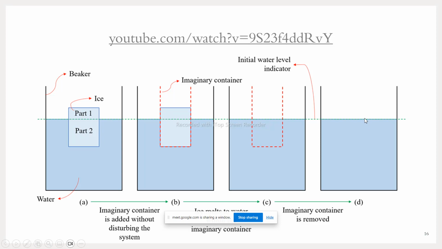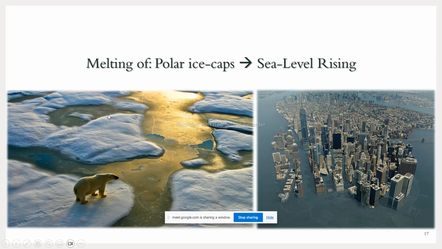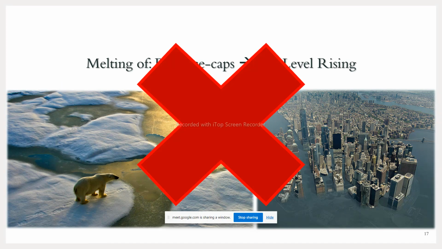The IPCC, which is the Intergovernmental Panel on Climate Change, whatever they have estimated, a significant rise in water level will not occur because of the melting of the polar ice caps. So this is basically wrong. Okay.